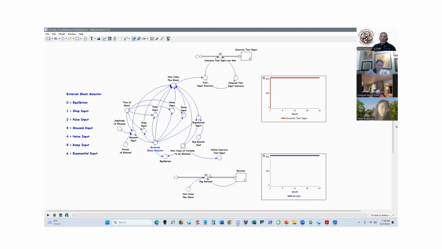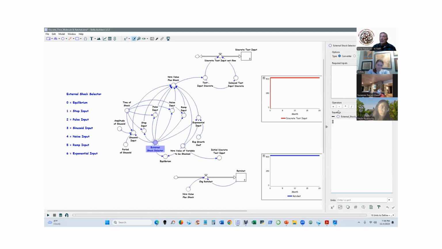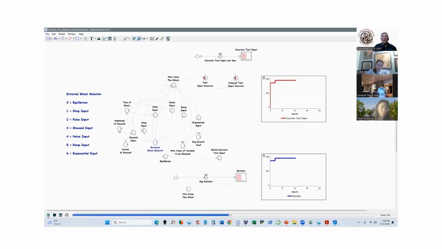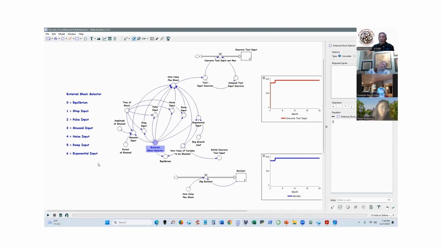It's quite good. So this is equilibrium here. If you remember the little molecule I built for test inputs. But if we go to one, that is a step. So there's not much of a dramatic change there, but it is what it is. Two is a pulse.